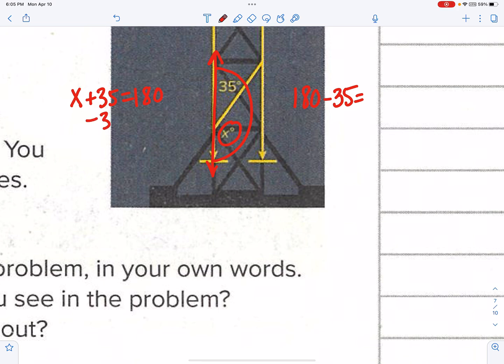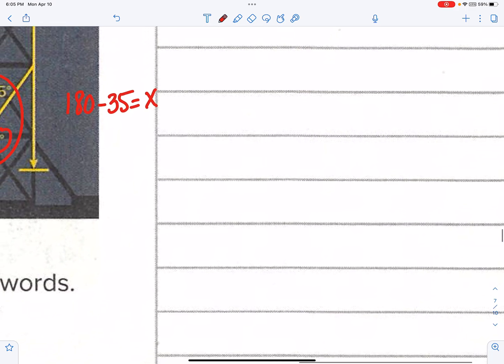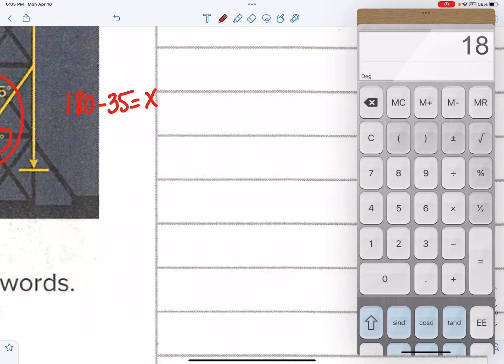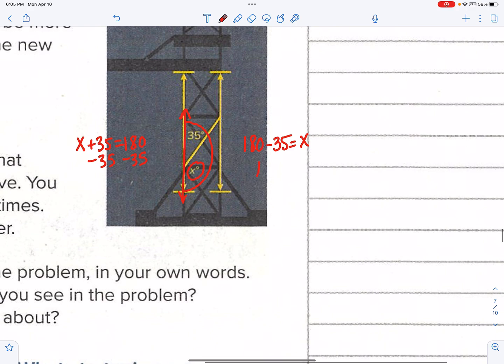Okay, if I subtract 35 from both sides, you can see it's the same thing as doing 180 minus 35. So 180 minus 35 equals x. Let's go ahead and do that with our calculator just to make sure we're not making mistakes. And we have 145. Okay, so 145 degrees equals x.